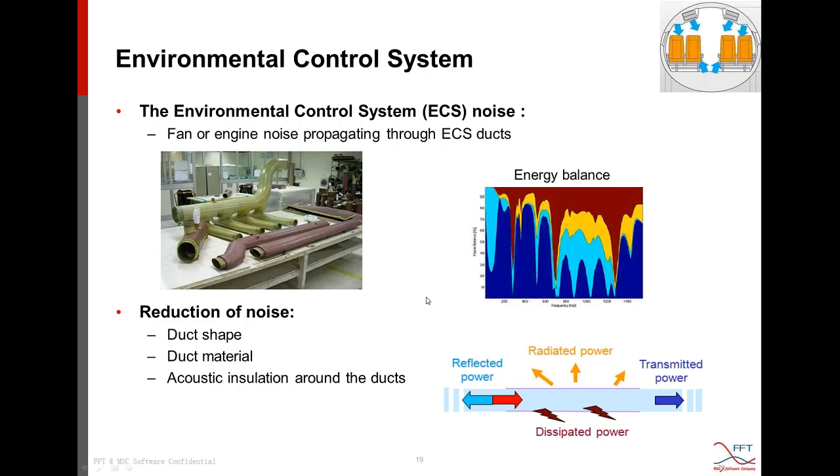So with a unit energy injected into the duct system, we can see a distribution of that energy into transmitted power, reflected power, or power that causes structure vibration, dissipation, and radiated power by the vibration of that structure. So by changing the shape of the duct material, or adding insulation material surrounding the duct, we can also achieve acoustic attenuation.